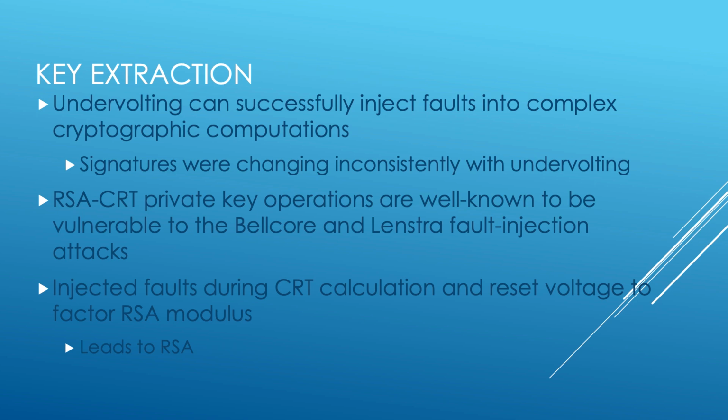They were able to inject faults and reset the voltage on these RSA modulus calculations. From executing those two things and then using the Bellcore and Lenstra method, they were able to extract the RSA keys. So that's another method of encryption that they were able to get into without having to physically code or do anything like that. They were able to extract it from these voltage faults.